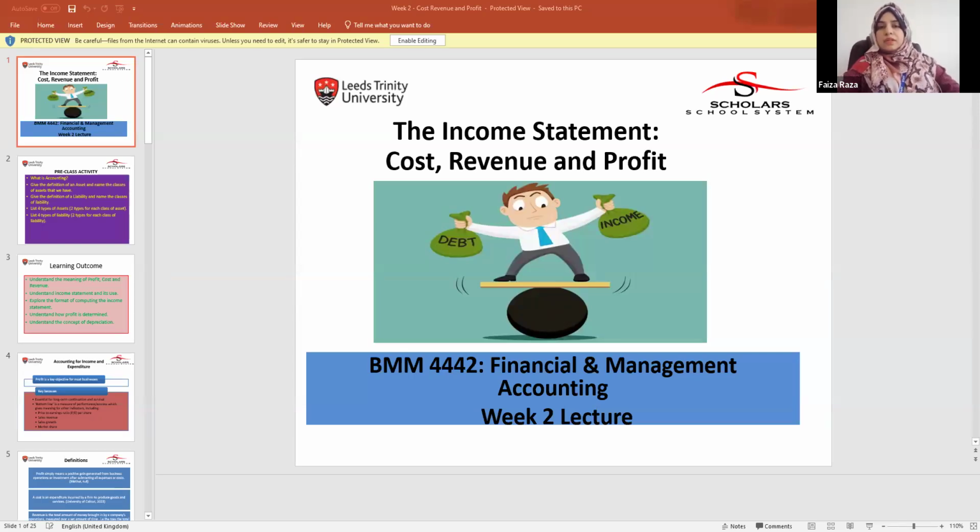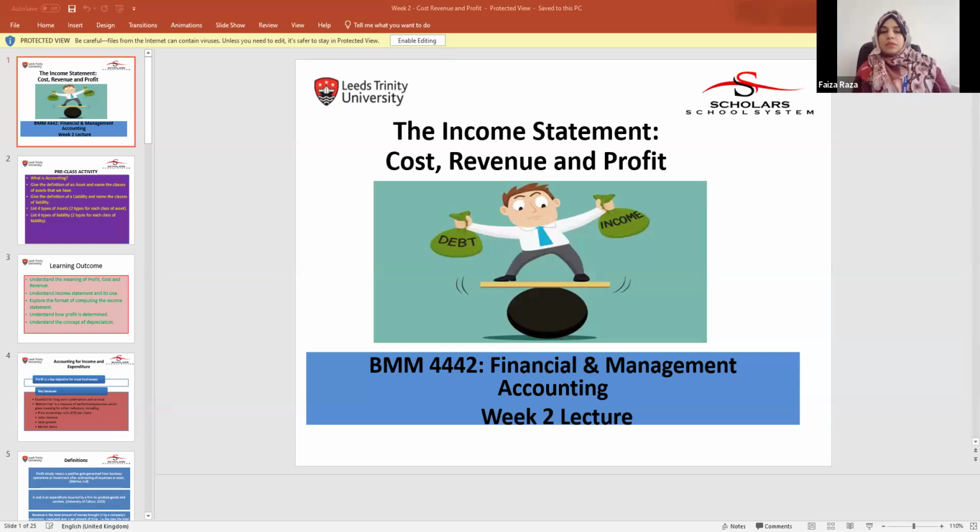Formula-wise, profit for the period equals total revenues for the period minus total expenses incurred in generating that revenue for the period. Compared to the income statement, the statement of financial position reports the wealth of an entity at a moment in time. The income statement reports the flow of wealth over a period of time.